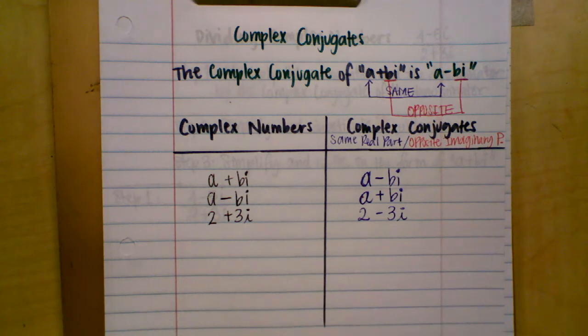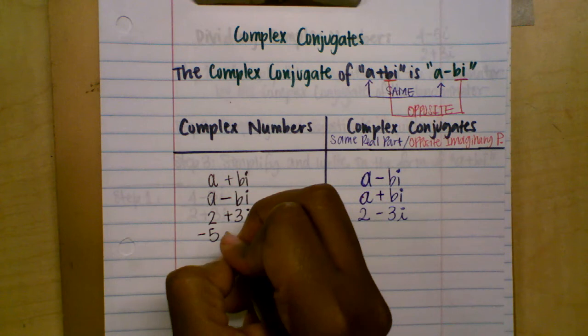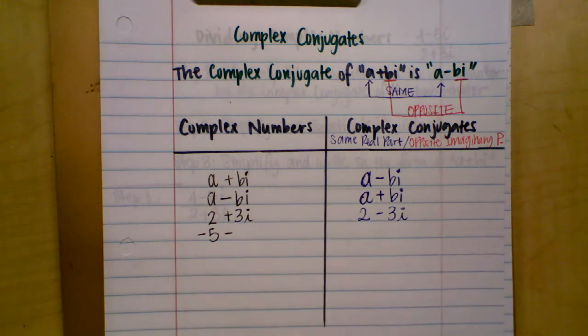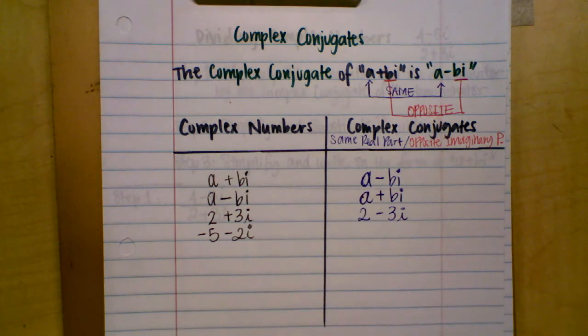Now what about negative 5 minus 2i? They have the same real part but opposite imaginary part. So pause the video and try to find its complex conjugate. Its complex conjugate is negative 5 plus 2i.